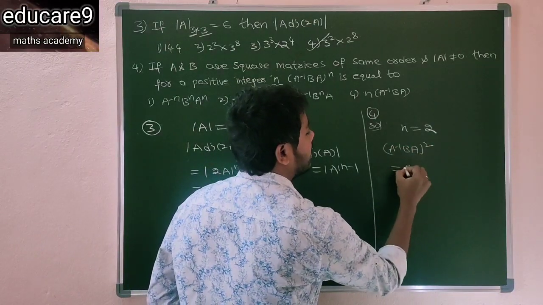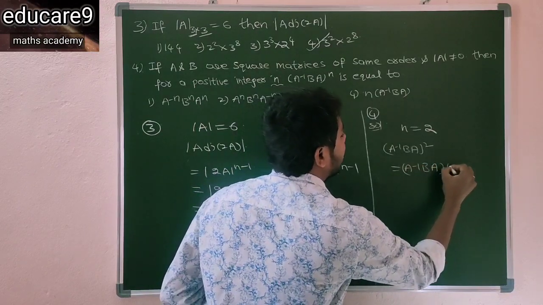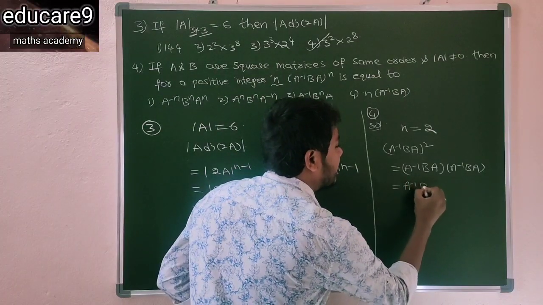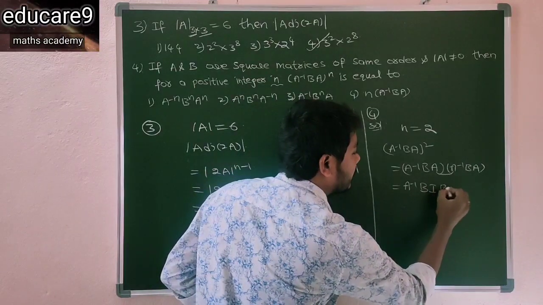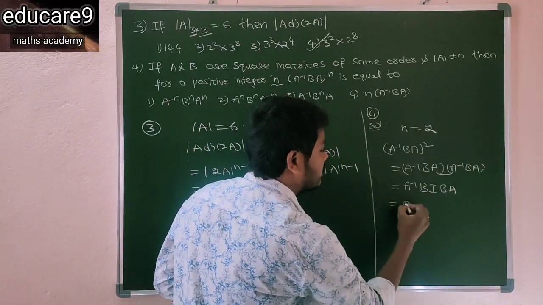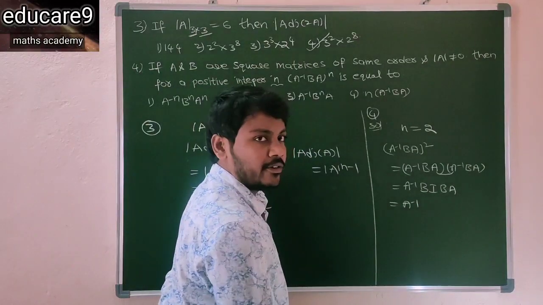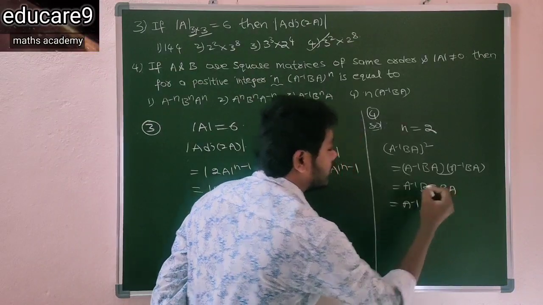This can be written as A inverse BA into A inverse BA. So now this is A inverse B into A inverse A, into BA. Again A inverse A is the identity matrix, so you will get B into B, that is B square, into A.